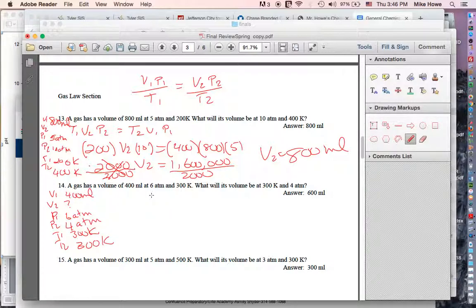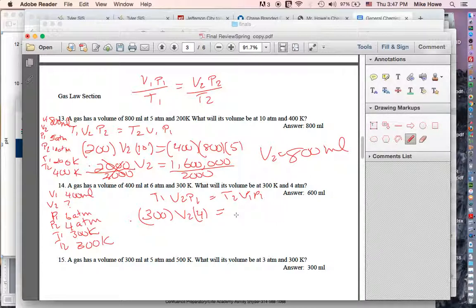All right, so now you can set up your formula. T1 V2 P2 equals T2 V1 P1. So T1 we said was 300 K. V2 we don't know. P2, I mean, this is a 2, couldn't read my writing. P2 is 4 atmospheres.